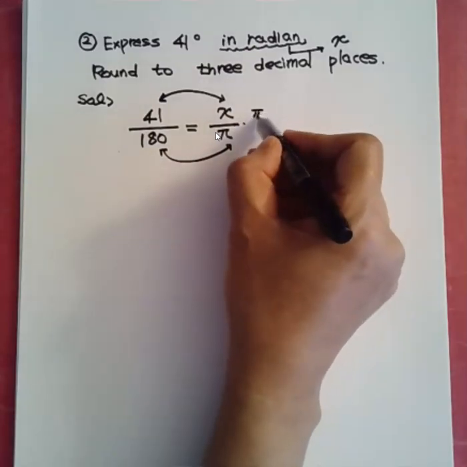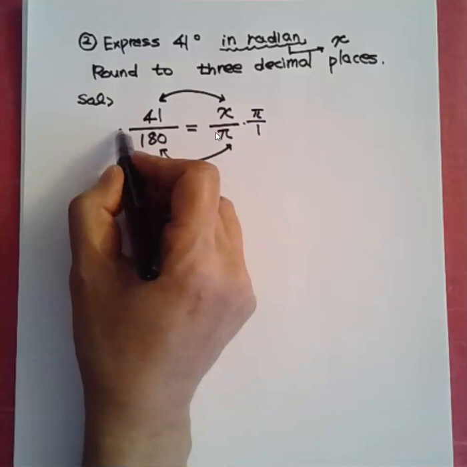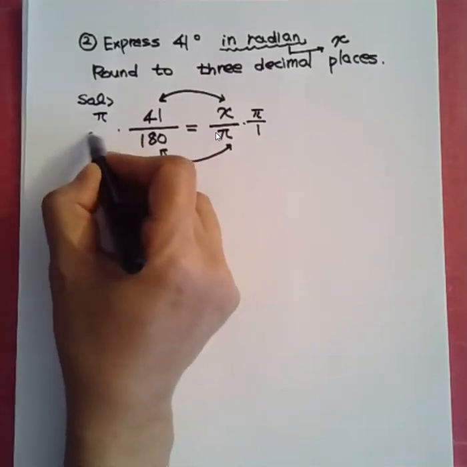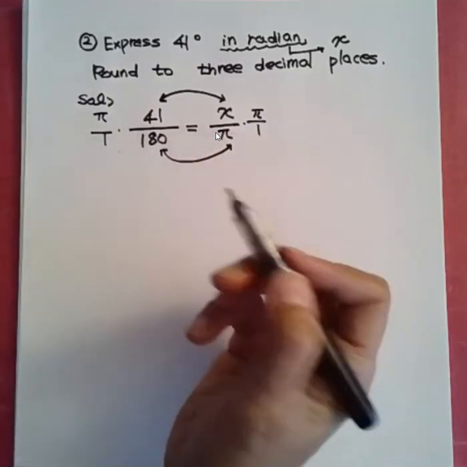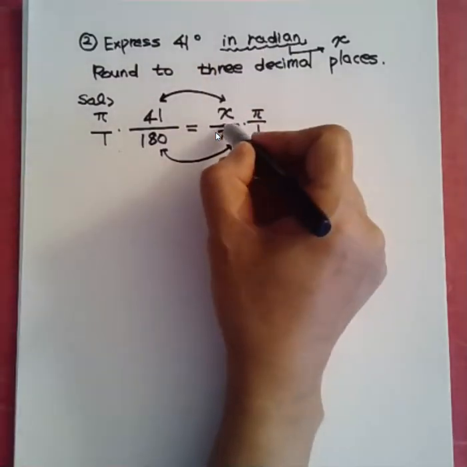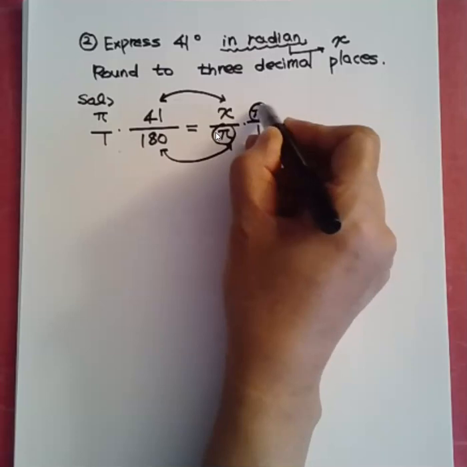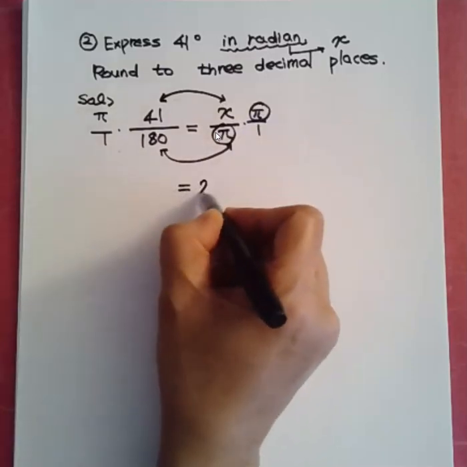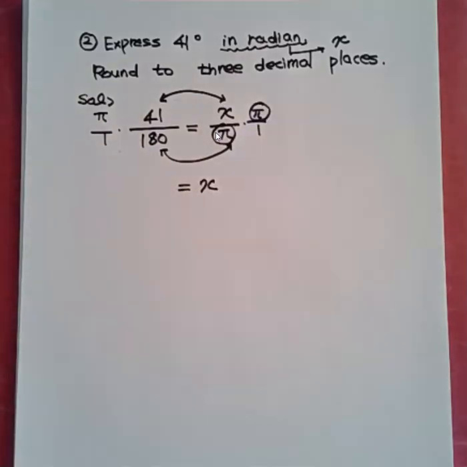The way we conclude the problem is the same, but in this case, 41 is a prime number, so this fraction cannot be simplified further. On the right side, pi and pi will cancel each other, and we have x here.